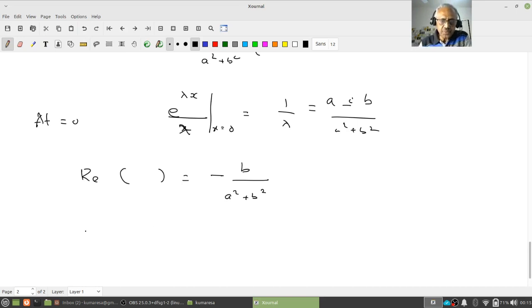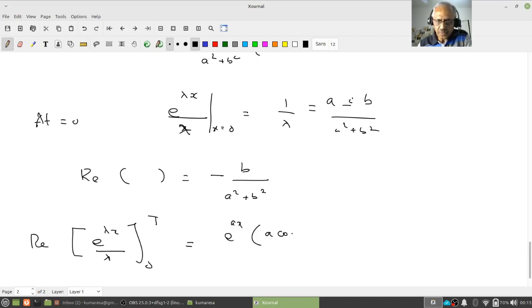But remember, therefore, the real part of e power lambda x by lambda between 0 and t is going to be, I hope I will write it carefully, a cos bt plus b sin bt by a squared plus b squared minus b by a squared plus b squared.